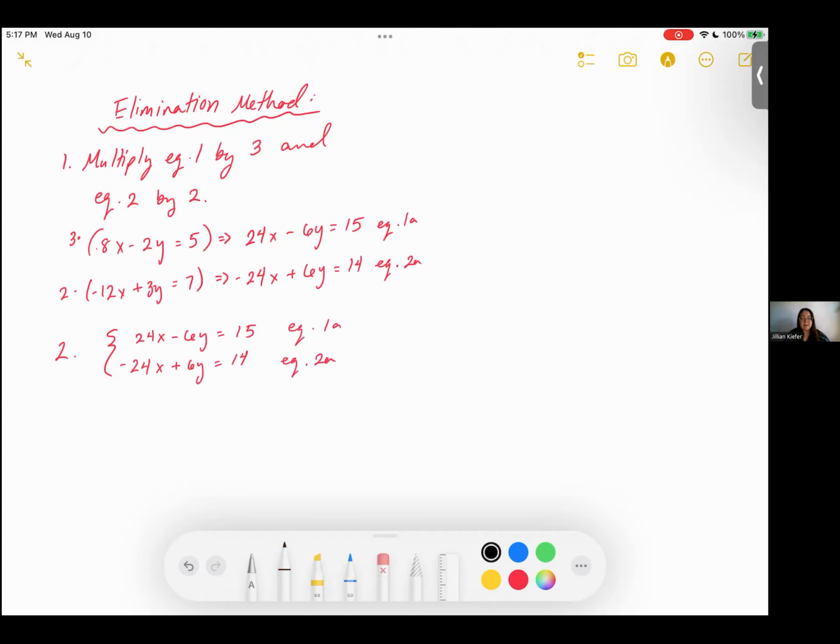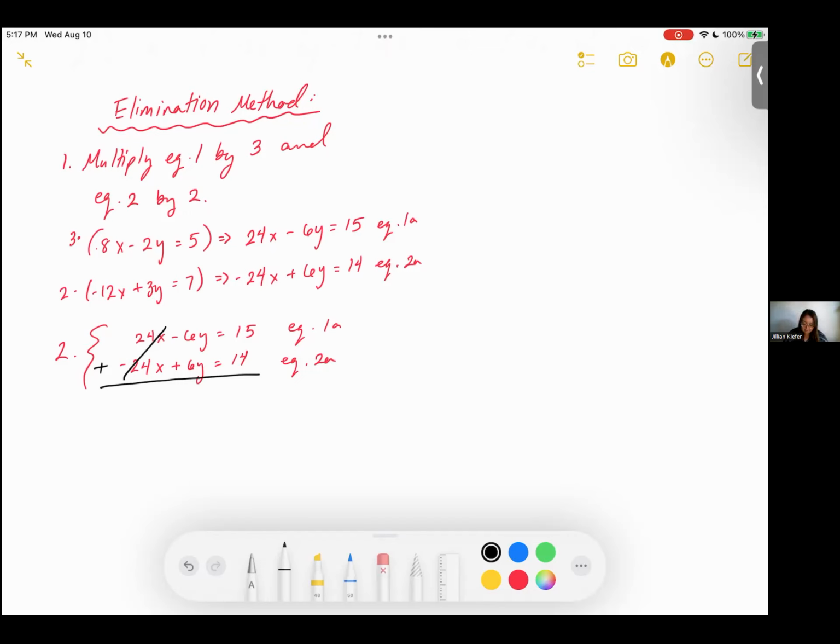And just like last time, we're adding these together. We're going to add these two equations, and we're adding the columns. So we're going to add 24x plus negative 24x. That's 0. Those cancel each other out. We meant to cancel out y, and if we look, we do, because we have negative 6y plus 6y.